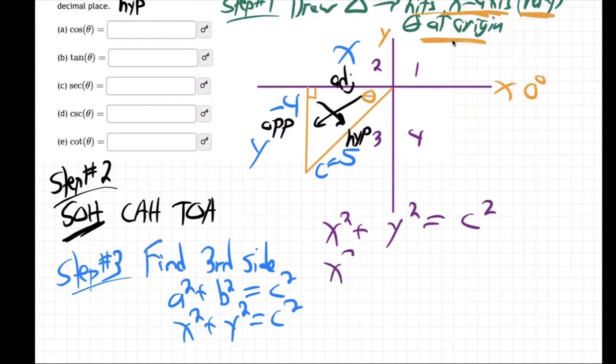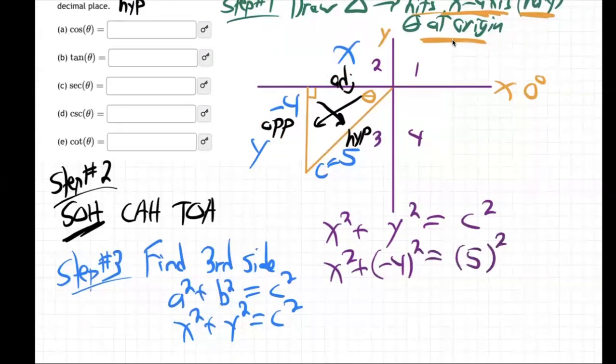So x I don't know, so I'm trying to find the third side. Y is -4. And c is 5. Let me not confuse you with these little quadrant numbers. These are just what quadrant we're in.